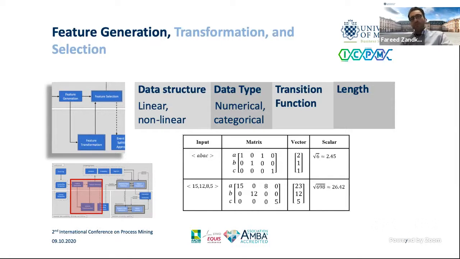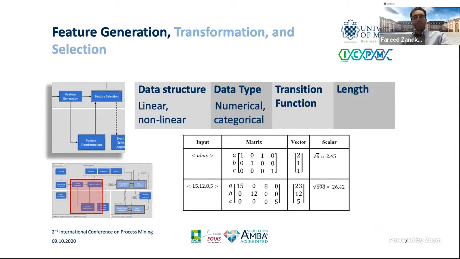A feature can be any property or attribute contained in the event log. As the overall goal is to assess similarity between individual traces, features will be generated at trace or event level. Two data structures are typically used for feature generation. We categorize them as linear structure and nonlinear structure.